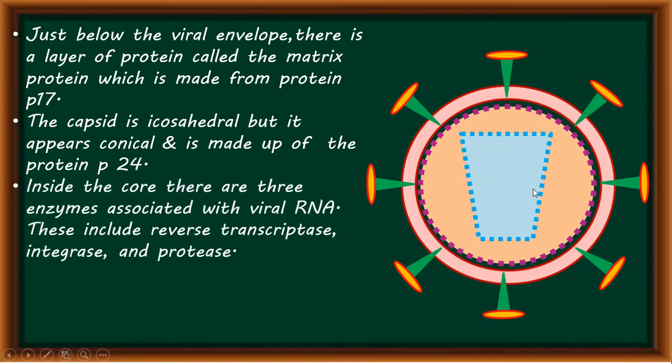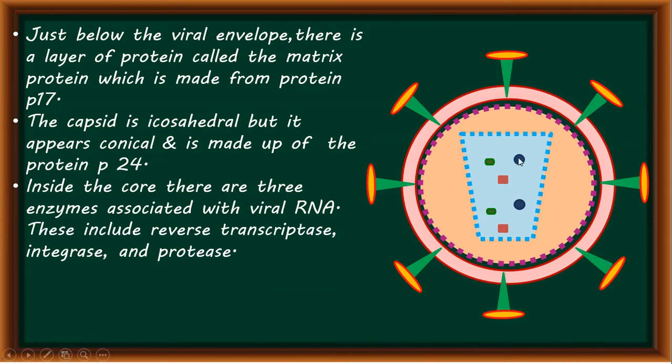Inside of this capsid, there are three important enzymes associated with the viral RNA or viral genetic material, and these enzymes include reverse transcriptase, integrase and protease. Among these, the role of reverse transcriptase is to convert the viral genetic material that is present in the form of single-stranded RNA to double-stranded DNA.